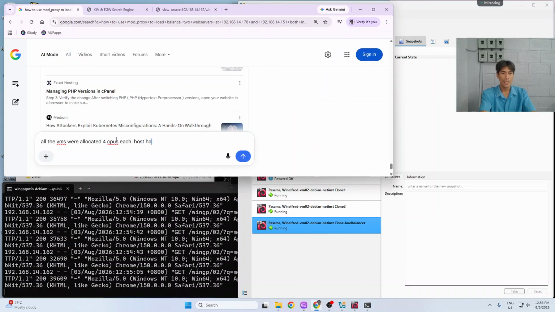Host has 40 cores. How to test load to prove that load balancing increases transactions per second using AB.